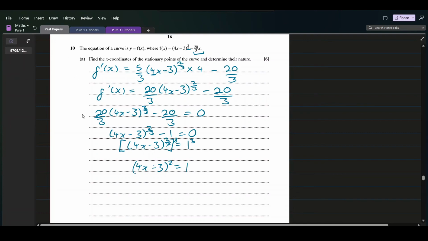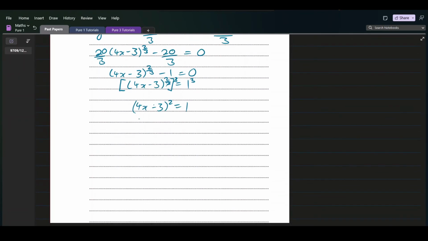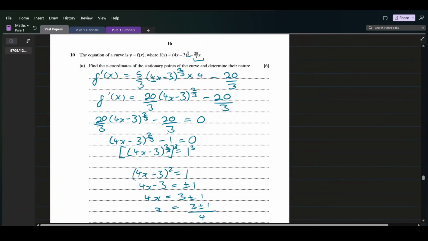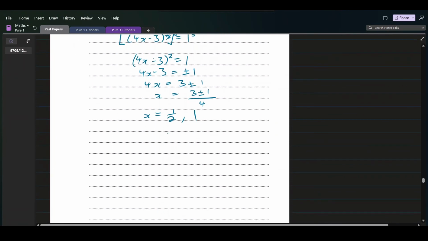Then take the square root of both sides, so you have 4x minus 3 is equal to plus or minus 1. 4x is equal to 3 plus or minus 1. X is equal to 3 plus or minus 1 all over 4. So our two x-coordinates would be 3 minus 1 over 4, which is a half, or 3 plus 1 over 4, which is 1. And what else do they want us to find? The nature of these stationary points.